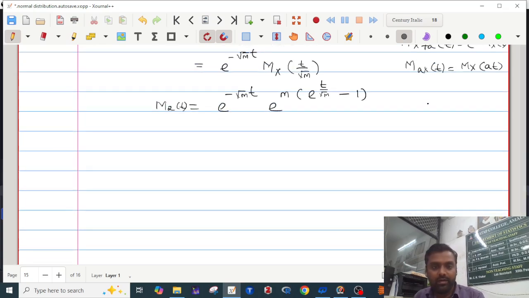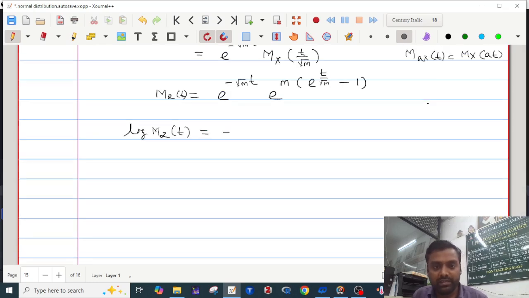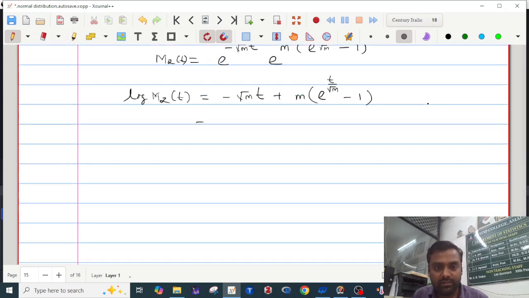Now take log on both sides. This is minus root m t plus m into (e raised to t upon root m minus 1).